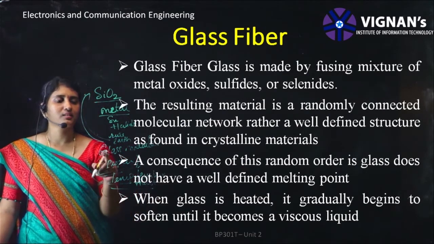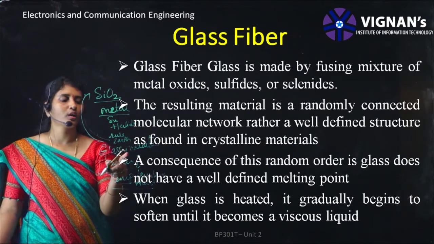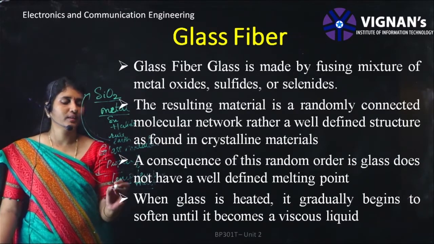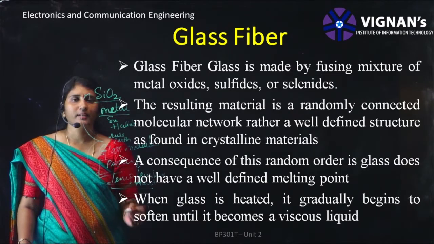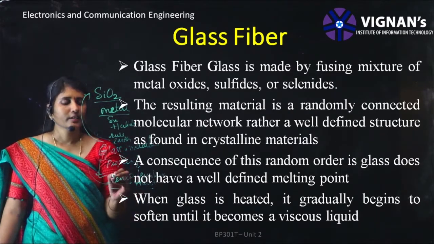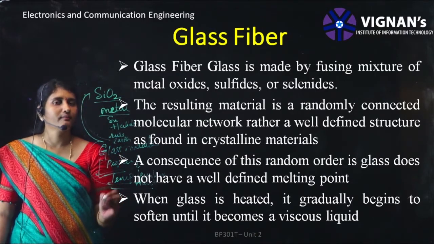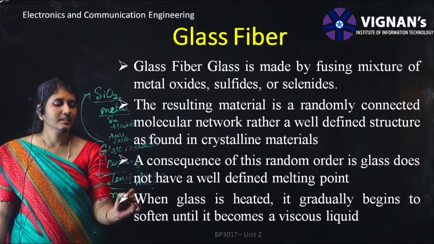So while preparing these glass molecules or glass material in combination with SiO2, we have to be careful while constructing the crystalline structure. Or in some cases, while forming these glass structures, some materials may be left out inside.